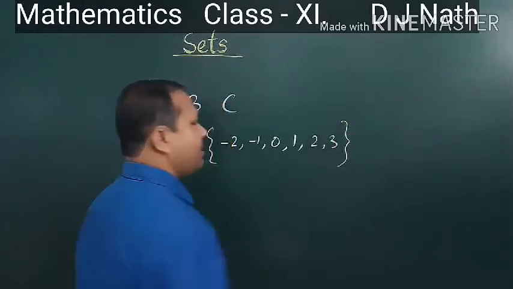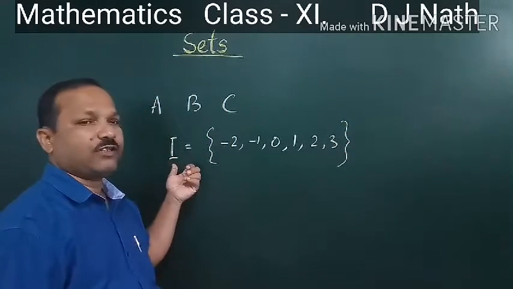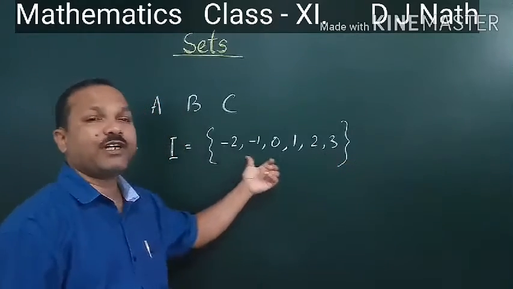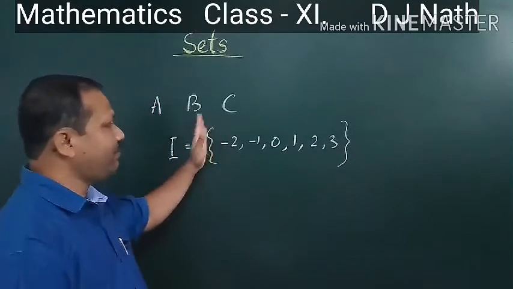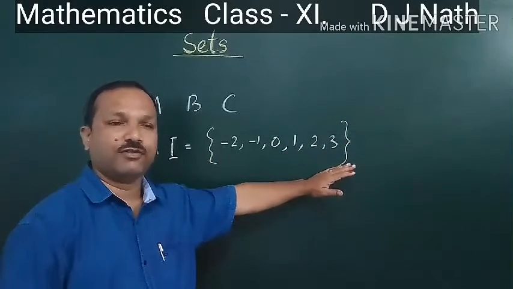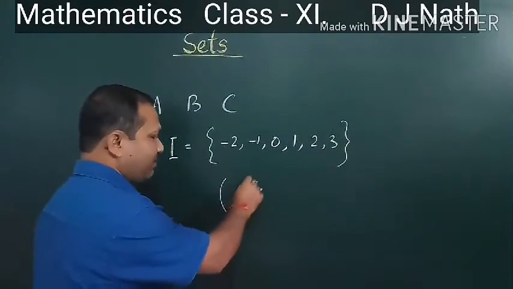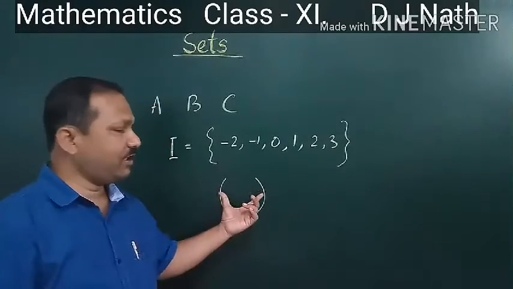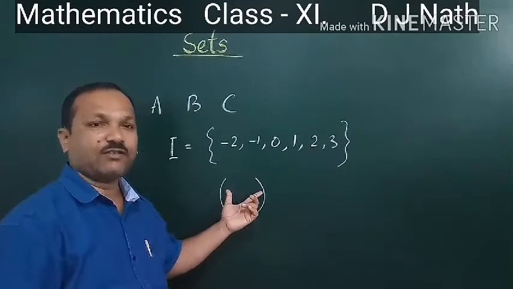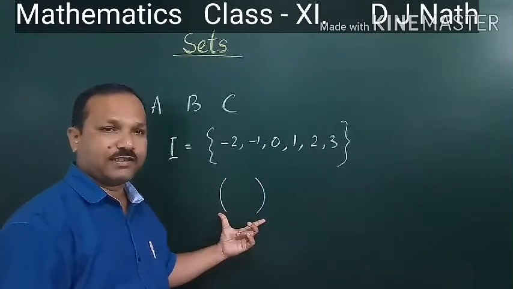So if I have represented the set of integers here, these are the elements of this set. Now here I have used a curly bracket. There are three types of brackets, you know. You have got this in earlier classes. Generally we say it is a first bracket, or it is also called parenthesis.